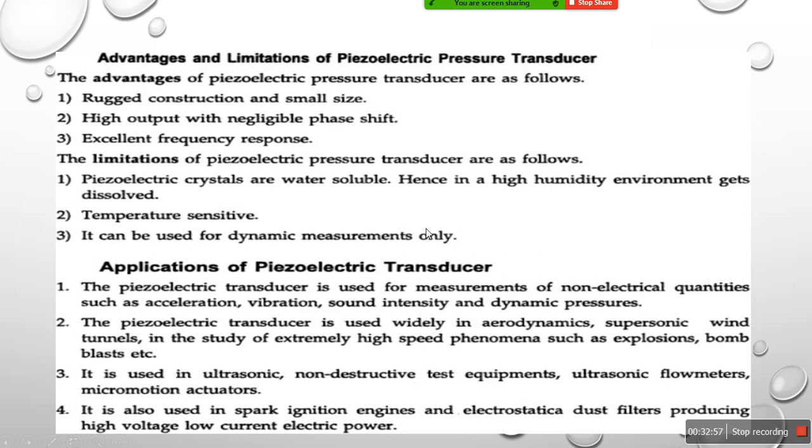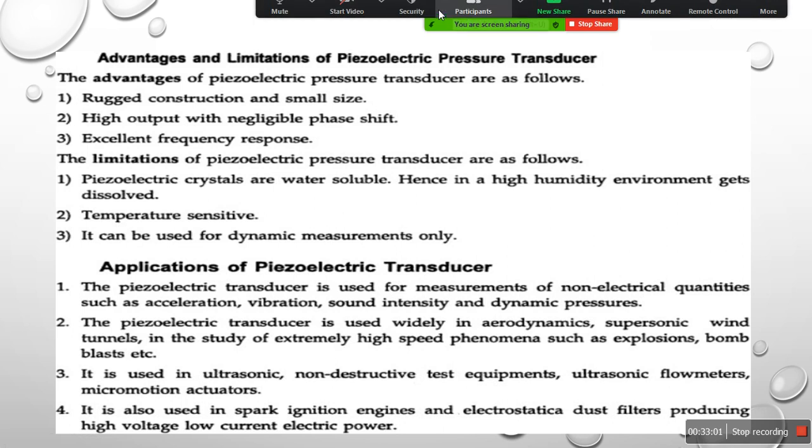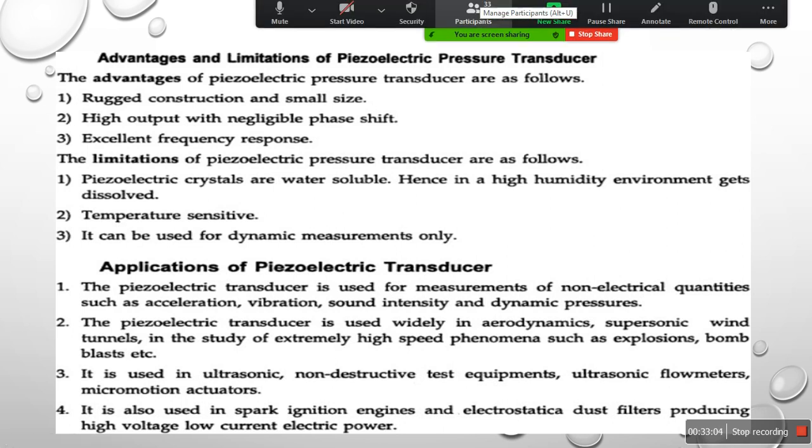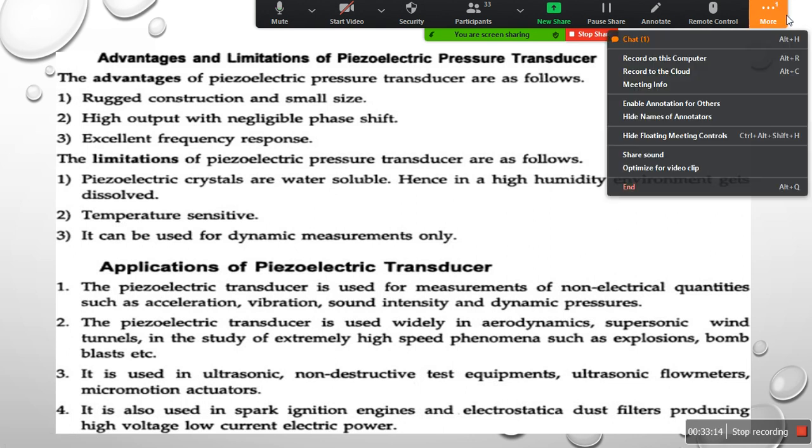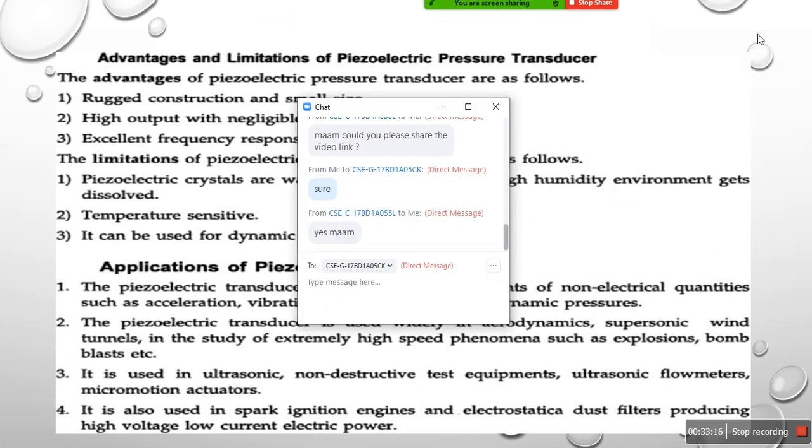Okay, so now you have a clear idea about the piezoelectric transducer at least. Give some response. Whatever I told, I have shown you in the video, which is exactly related to this particular theory part. Yes or no? See, what happens to your mic, I don't know.